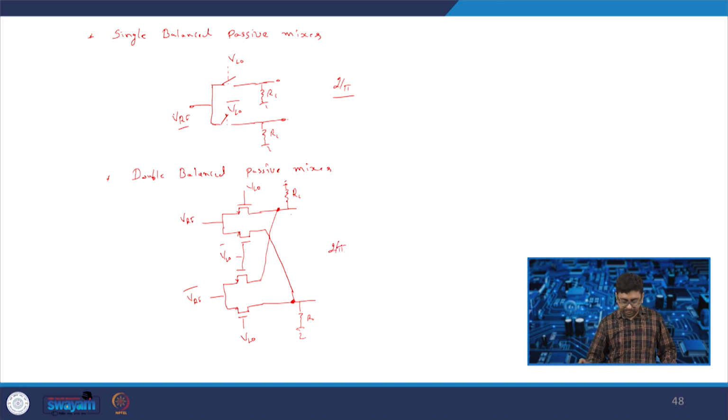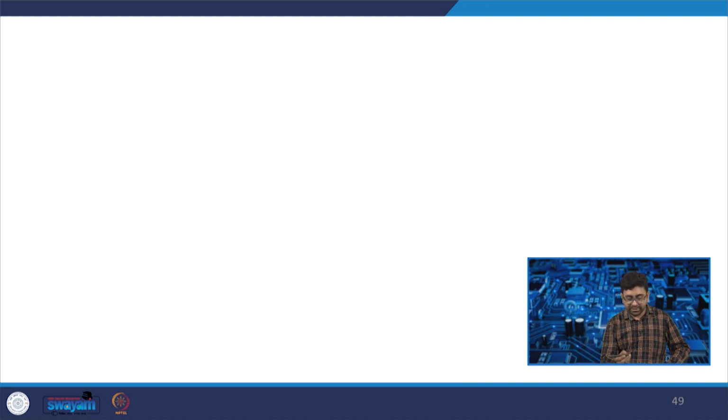Now we will try to analyze another kind of mixer, that is a sampling mixer. So in the sampling mixer what we use is a LO signal and then we use a capacitor.